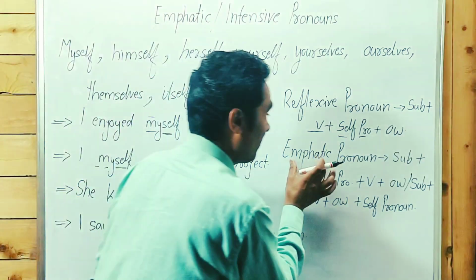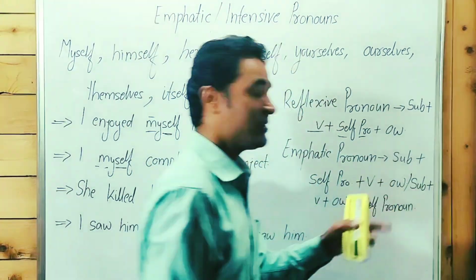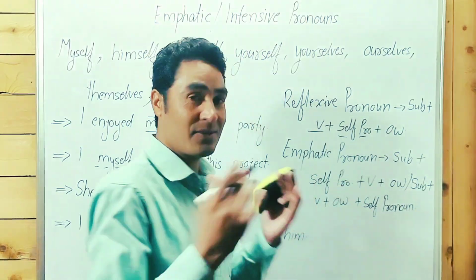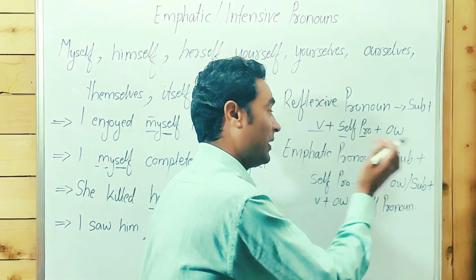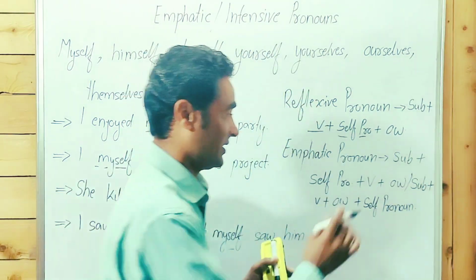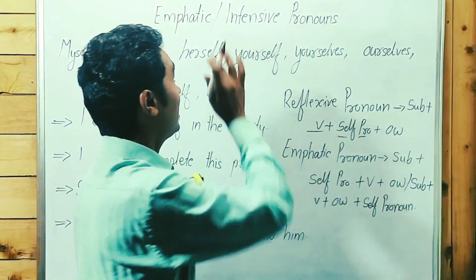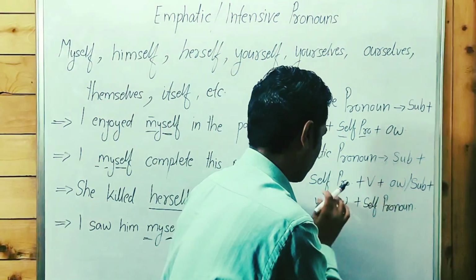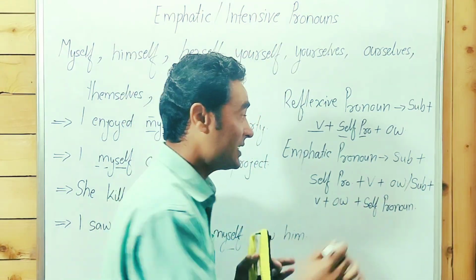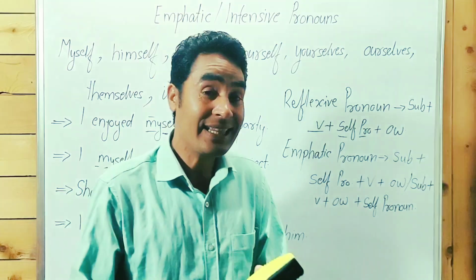And when we talk about emphatic pronouns: subject plus self pronoun after the subject, and after that verb plus other words. There are two options to use emphatic pronouns. First, subject plus self pronoun after the subject, and second, at the end of the sentence.